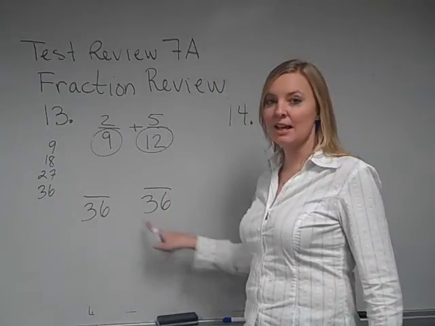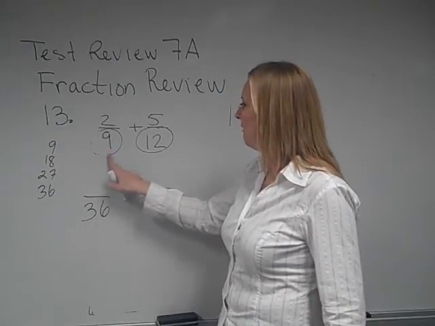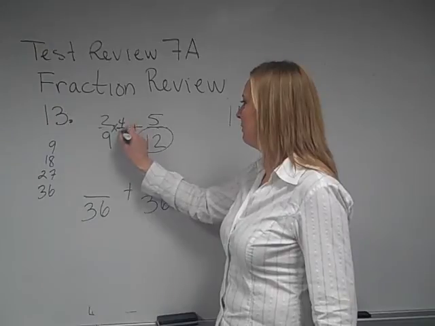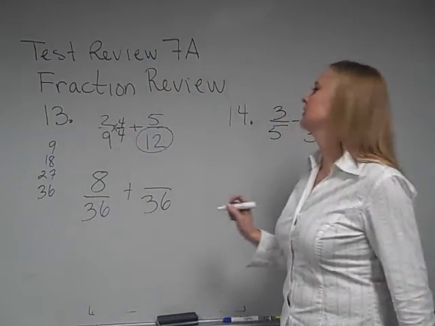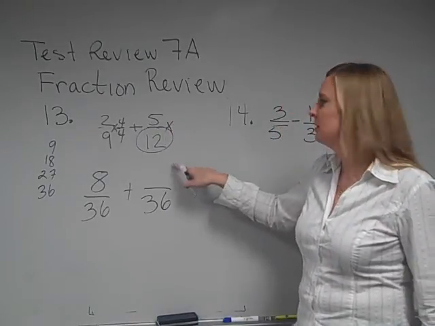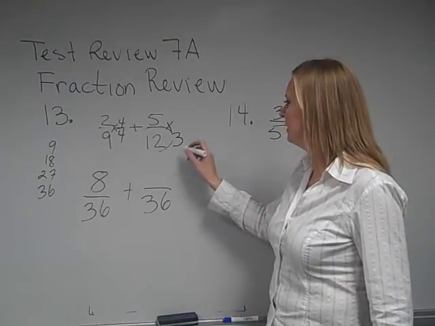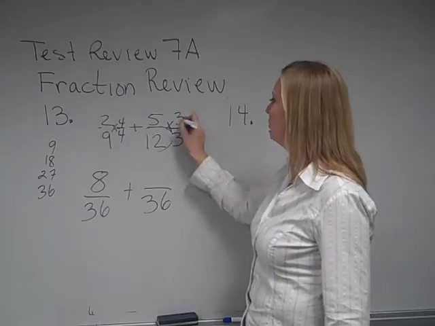Now we have same size slices added together. Well, if I take this 2/9 and I multiply the top and the bottom by 4, I would end up with 8/36. For 5/12, 12 times 3 is 36, and whenever you multiply the denominator, you have to multiply the numerator.